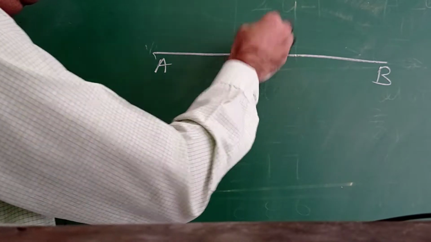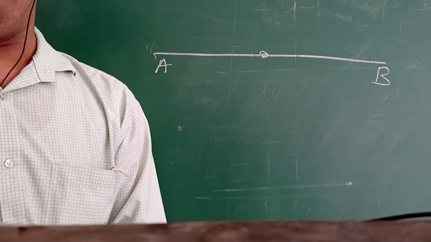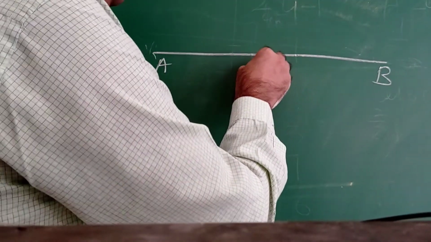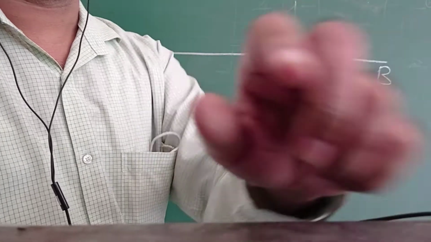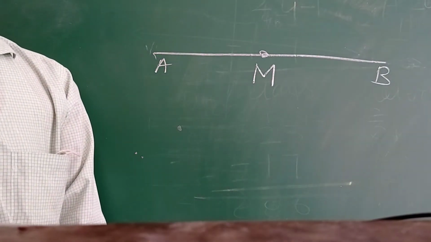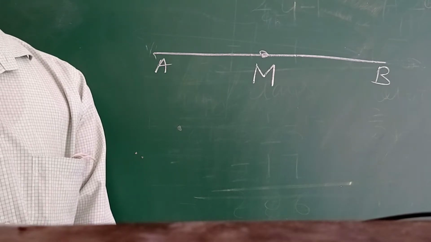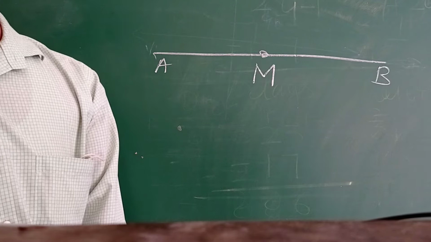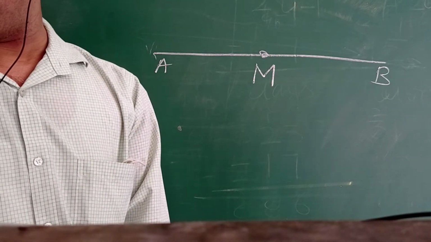Take a point on it and name it M. Now draw the perpendicular on AB.